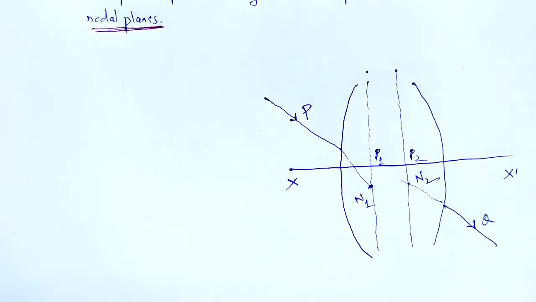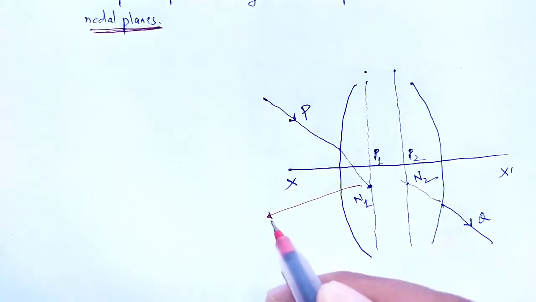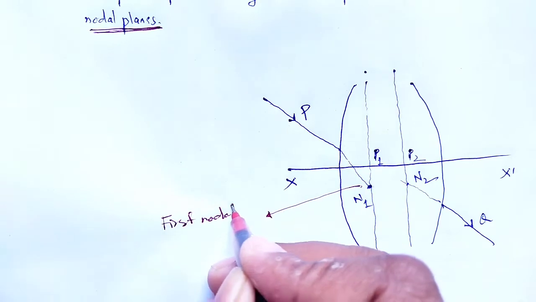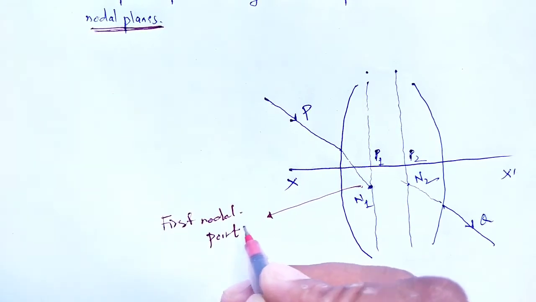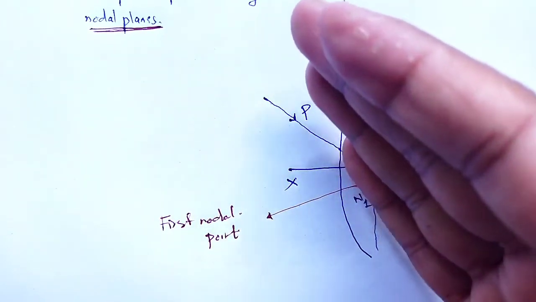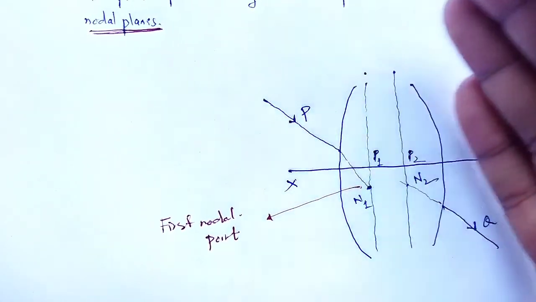So this point is the first nodal point, and the plane passing through it is known as the first nodal plane.